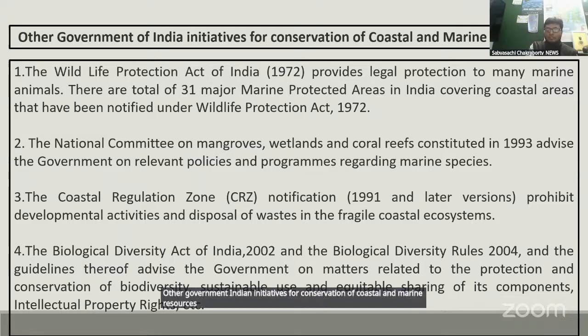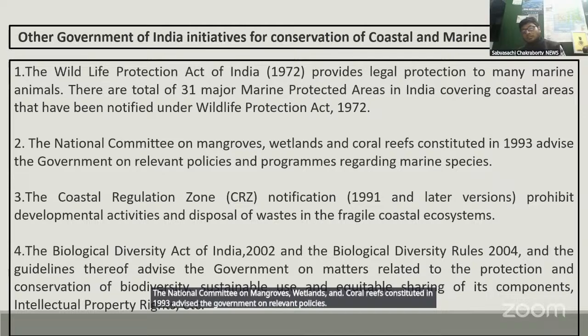The Wildlife Protection Act provides legal protection to many marine animals. There are a total of 31 major marine protected areas in India covering coastal areas. The National Committee on Mangroves, Wetlands and Coral Reefs, constituted in 1993, advised the government on relevant policies.